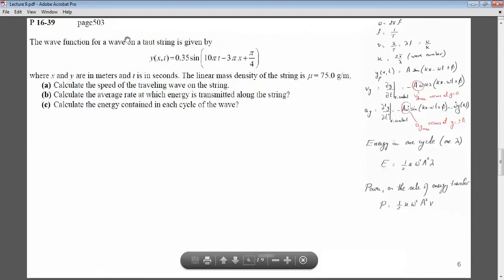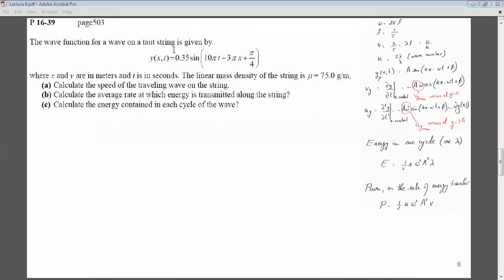So the wave function for a wave on a taut string is given by y equals 0.35 sine something t minus something x plus pi over 4. Here you have to remember that this is A. Whatever is multiplied by t is omega. Whatever is multiplied by x is k. And this is the phase constant phi.